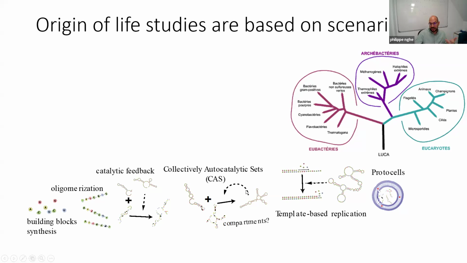But an autocatalytic system, which we will see, is not evolving a priori. It's not obvious how it could evolve. What we have in mind for evolution is template-based replication. There is a sequence, the sequence is being copied, and you have mutations and some heredity because there is copying. The sequences may fold, may be expressed in cells and lead to some phenotype and selection.